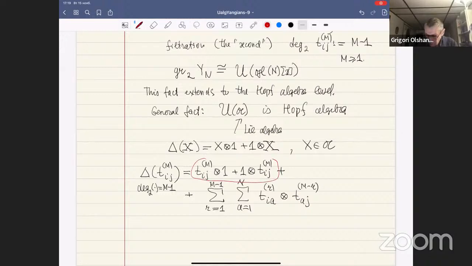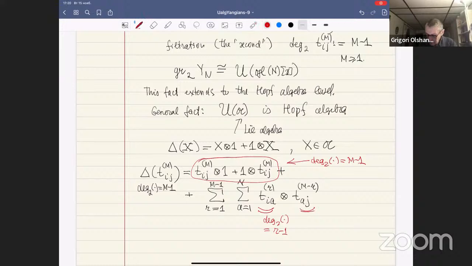This expression also has degree m minus 1. But this term has degree equal to r minus 1. And don't forget that r starts from 1 and also ends with m minus 1.